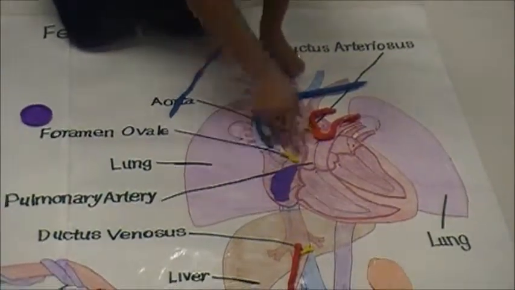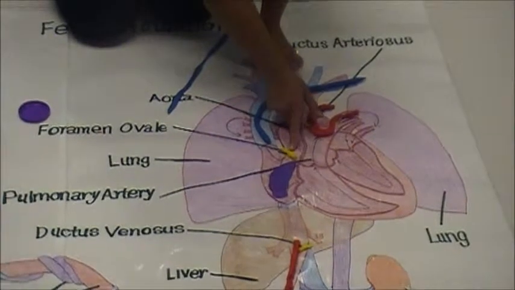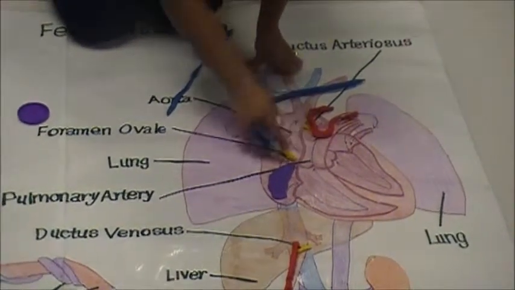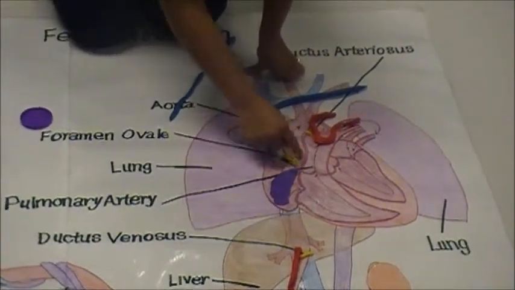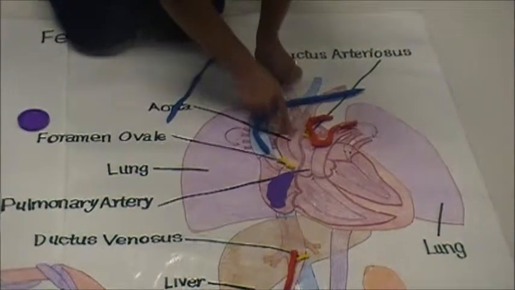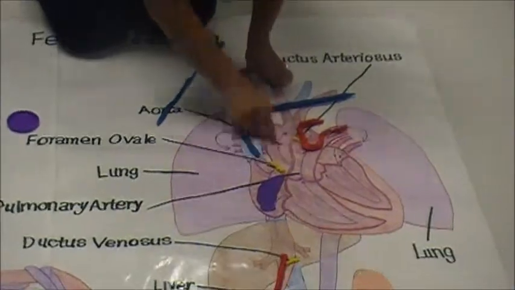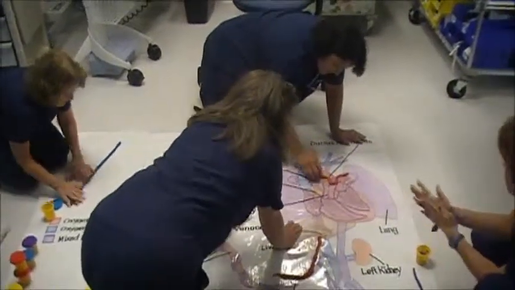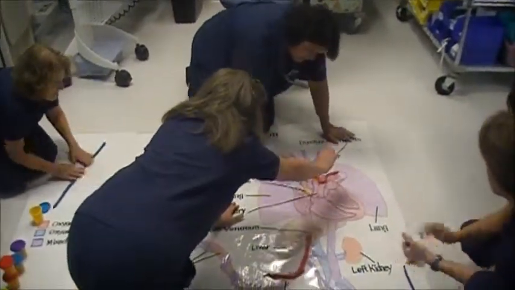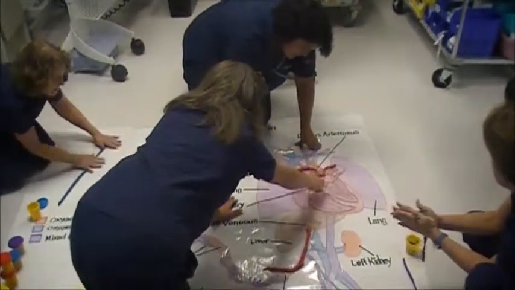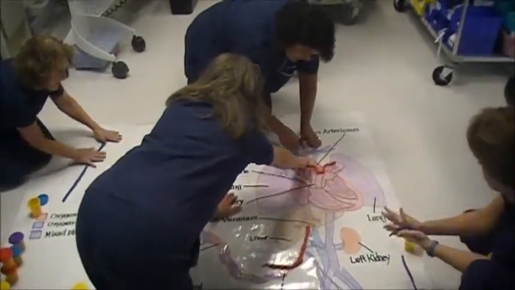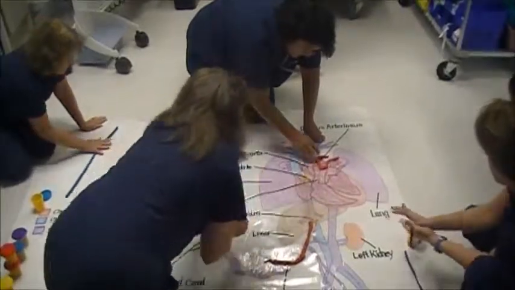Okay, and then it goes through this little valve. Foramen ovale. Very good. And then it goes into the left atrium. A small amount of it goes to the lungs, but because the lung vessels are constricted, it flows through the path of least resistance and will go through the ductus arteriosus.